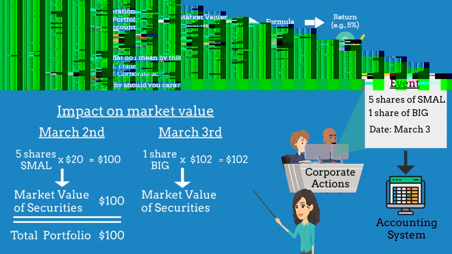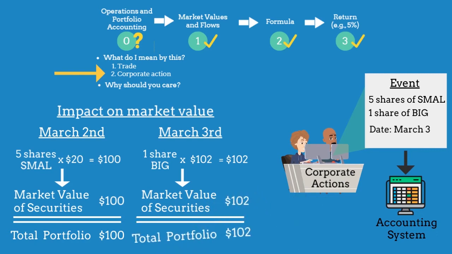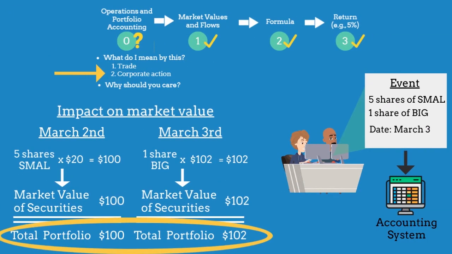And the market value of securities on March 3rd is $102. And if that's the only thing you hold in your portfolio, market value would be $102. So your market value went from $100 to $102. And these market values will be used in performance as we have shown earlier.